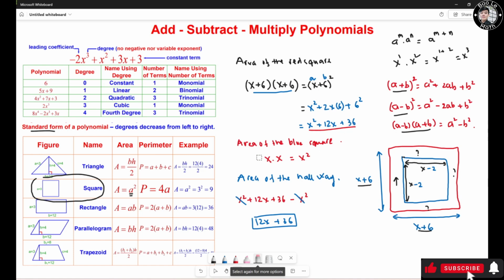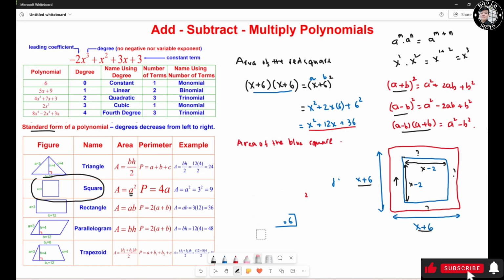Now I need to calculate the error of the blue square. The error of the blue square equals s minus 2 times s minus 2. Now I can use the box method to expand this one, but in this situation, I'm going to use the formula to show you how to do it.